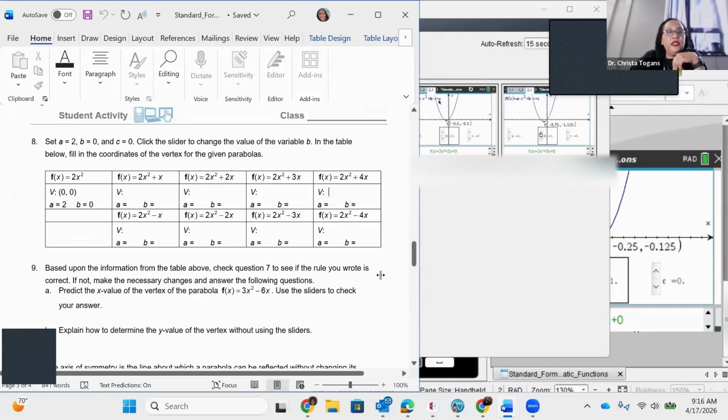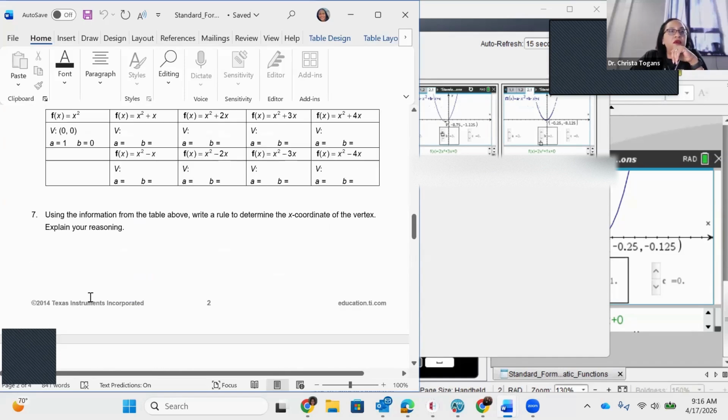Based on the information from the table, check question 7 to see if the rule you wrote is correct. Didn't I give you the rule? Using the information from the table, write a rule to determine the x coordinate. I think I gave that to you, didn't I? Yeah, if I gave it to you, then it means it was correct.